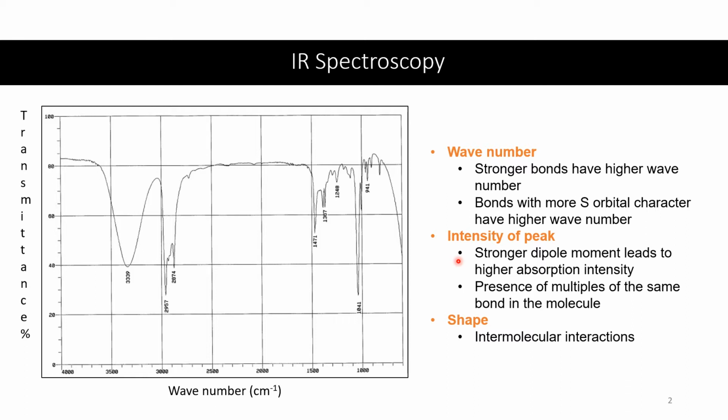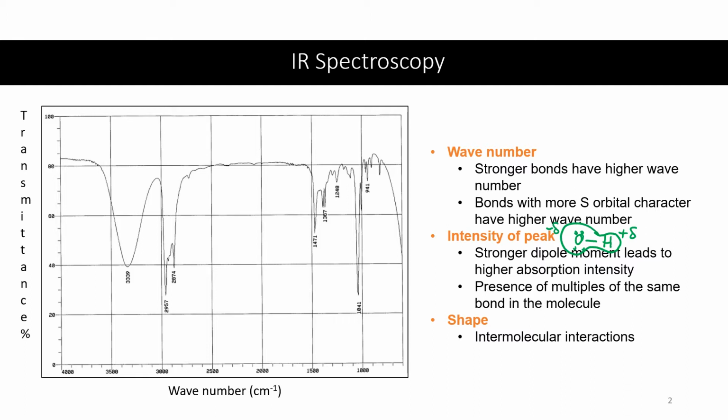And the intensity of the peak depends on the dipole moment, that is, how much of a dipole exists. For example, in the OH bond, the electrons are mostly shifted around oxygen. So there is a permanent dipole, and bonds like this would absorb light very intensely, so we would see less amount transmitted because the y-axis gives the transmittance, so we would have a more intense peak.